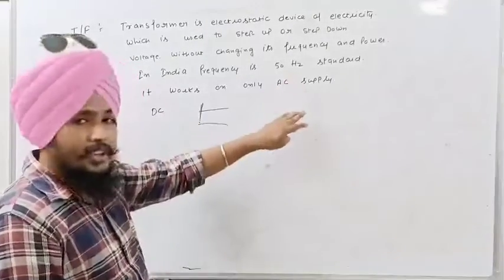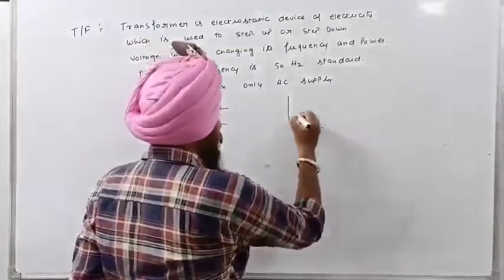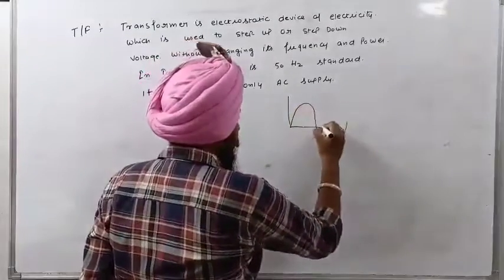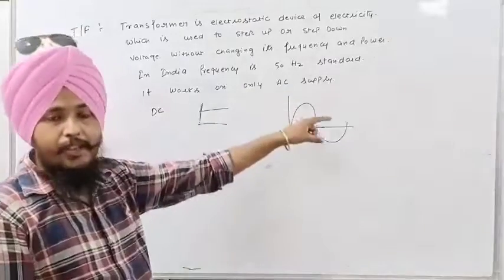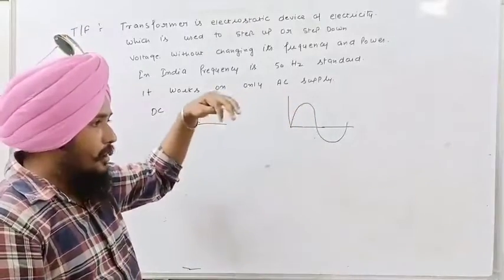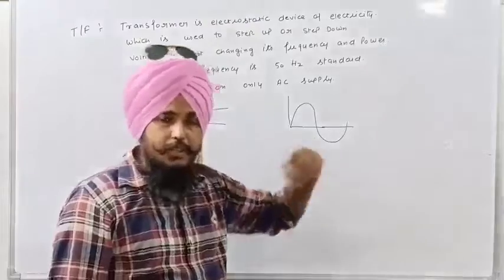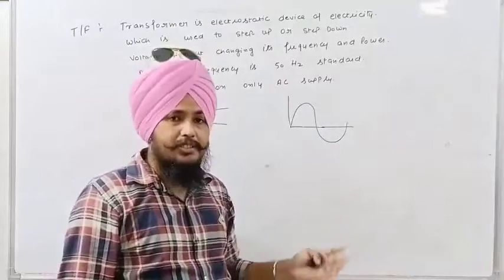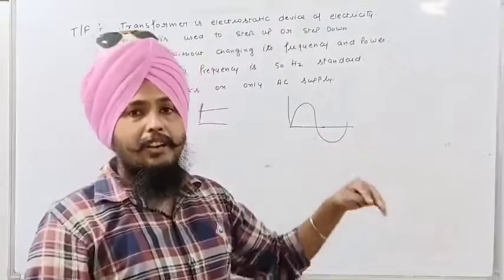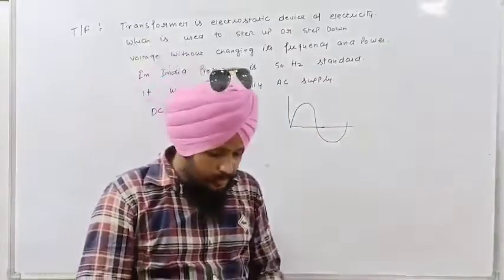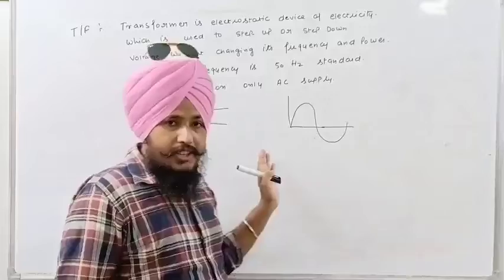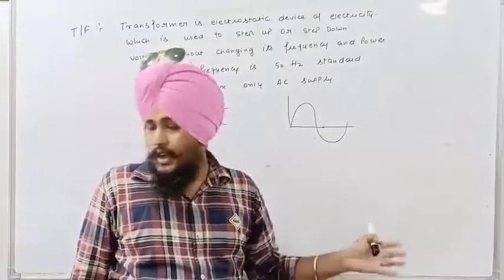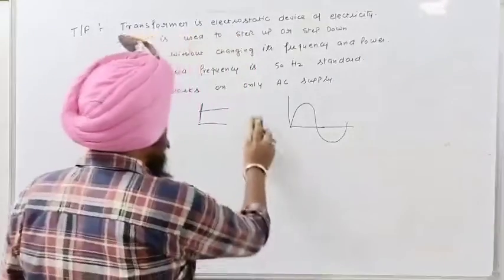But in AC, it will produce a changing magnetic field as the AC moves. This changing magnetic field produces changing flux, and that changing flux induces the EMF in the secondary coil. So let's move to the construction and working principle of the transformer.